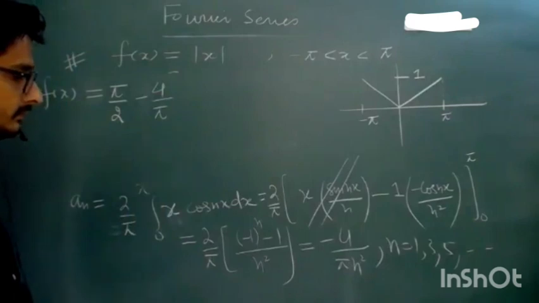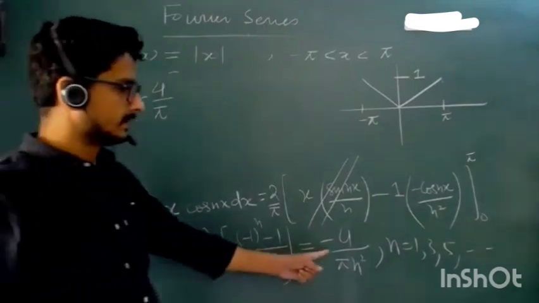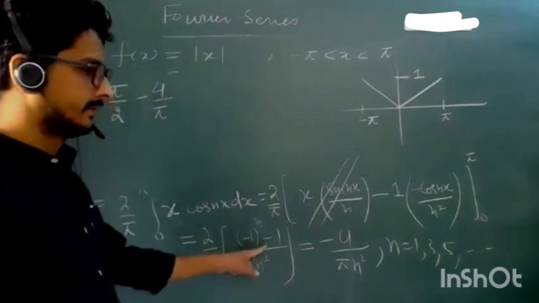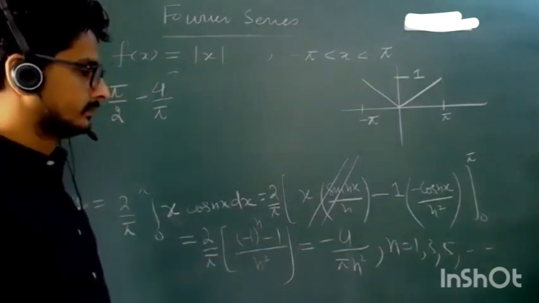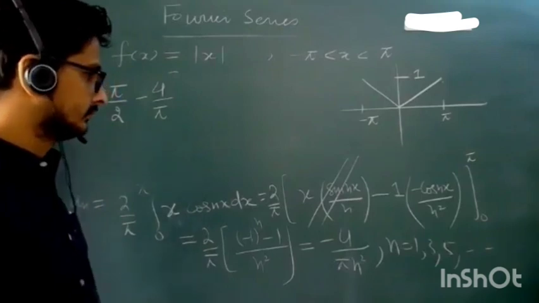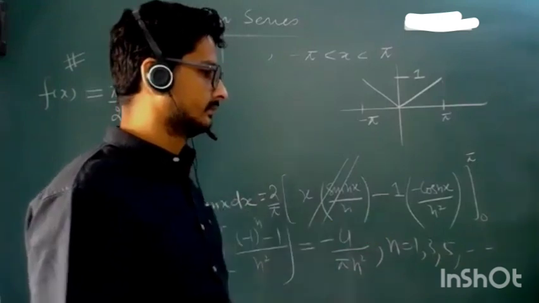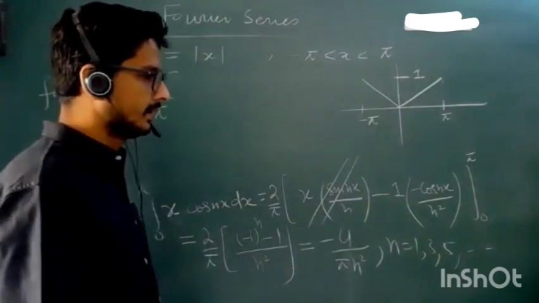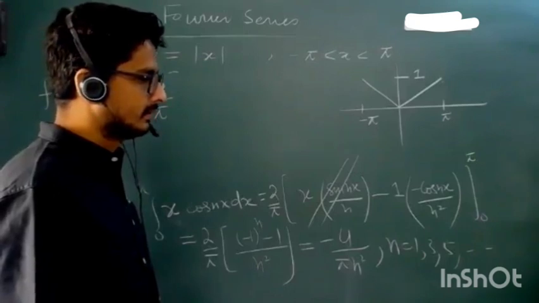Hmm? Finally, there will be no minus in front of the 4/(π n²). This minus. Yes, sir, because in front of the second term there is one minus sign. Sir, the upper step is right. Sir, negative will come. It's right, sir. Negative only will come.